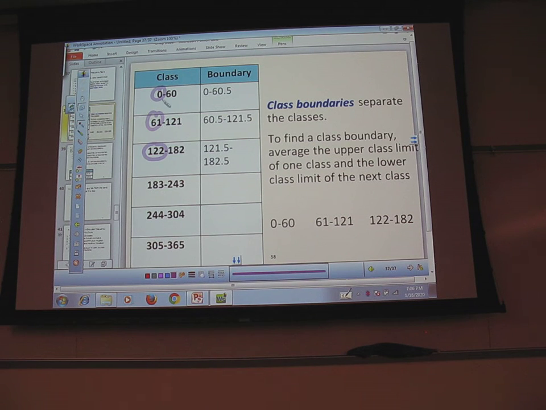Subtract them. 61 minus 0, what is it? 61. How far is 61 to 122 if you subtract them? 61. So these are all separated by 61. How about these guys? 121 minus 60, 61. What's my class width? 61.